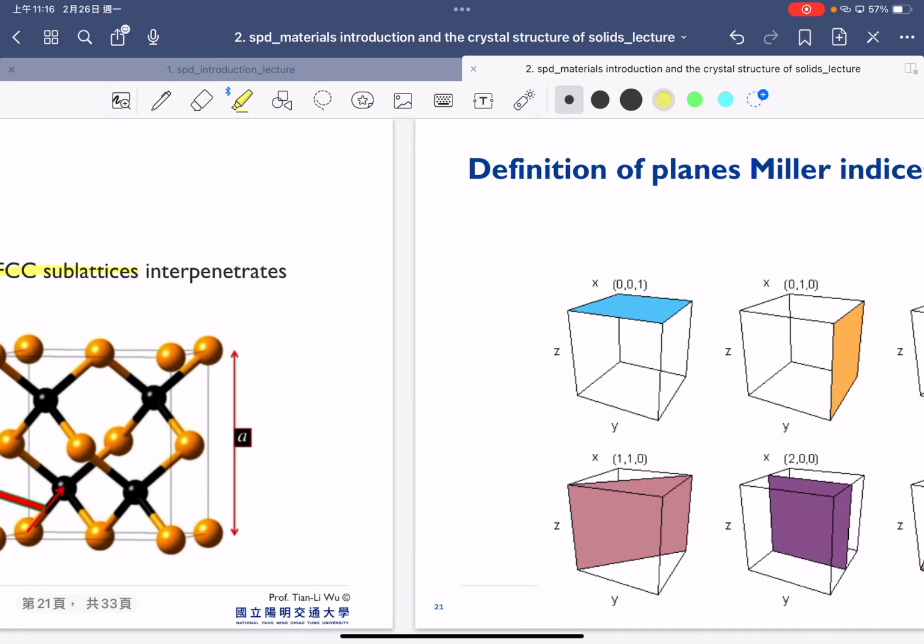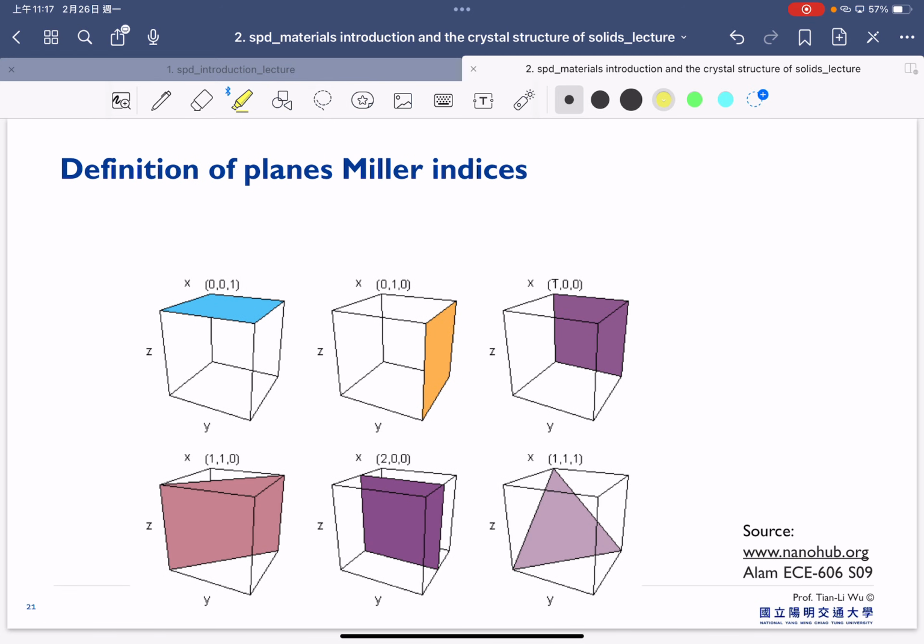Since we have started to talk about crystals, it is important to know how we define a crystal plane. To define the crystal plane, we have to introduce the Miller index. In this example, if you consider this crystal structure and want to refer to a specific plane, this plane is called 001, this plane is called 111, and this plane is called 110.